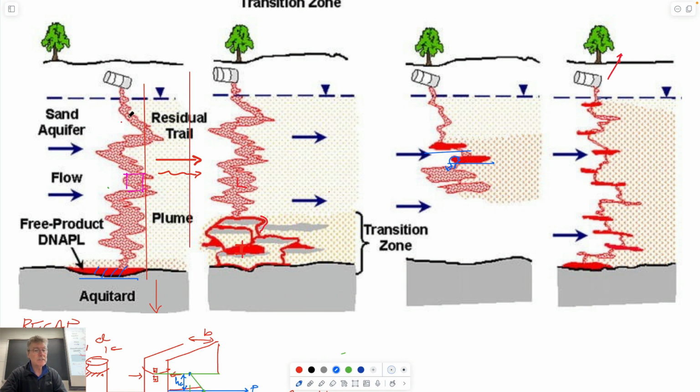Once you've spread it around and smeared it all the way through here, now you have to recover it at very low concentrations, spread through a huge volume, pooled maybe in some areas, but you have to remediate this at very low saturation, and you have to find some ingenious way to access this big volume.